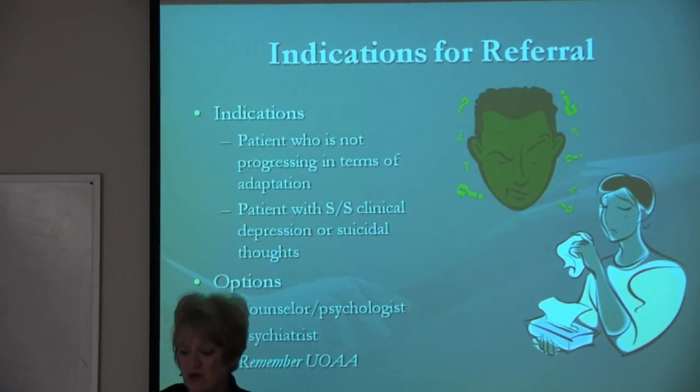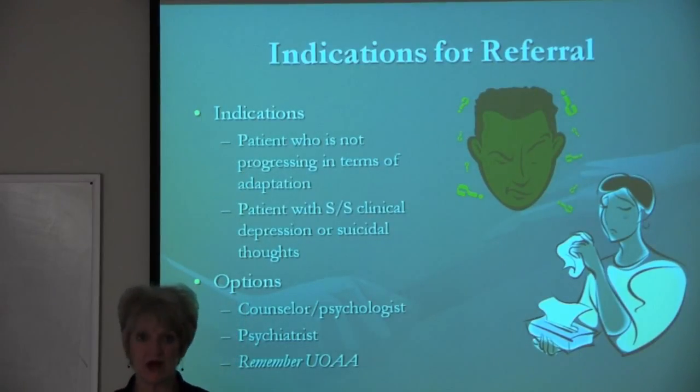Last thing, when do we refer? And I think we've kind of covered this. Anytime a patient gets stuck and is not making progress, you want to suggest professional counseling. That's what they do. They're very good at it.